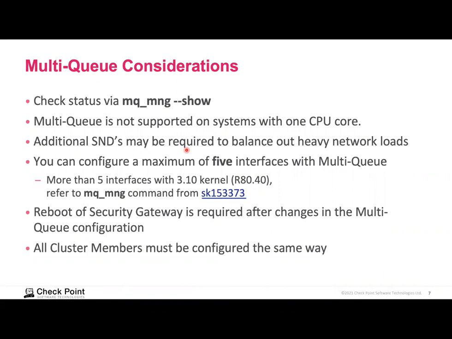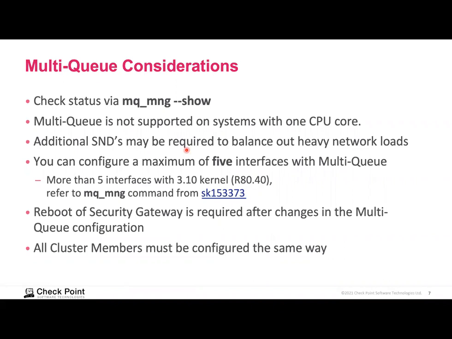So multi-queue is a good start, but it may not be the magic bullet or silver bullet in troubleshooting performance alone. What we may find when we turn on multi-queue is that we've spread the load out, but now we just have more SNDs that are overworked or running even hotter, and there's still a bit of a performance gap there.